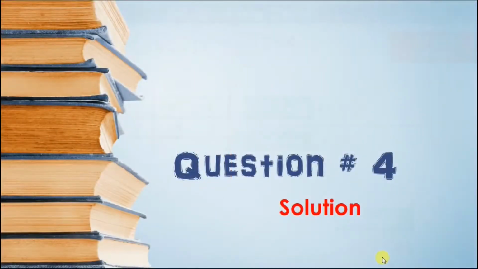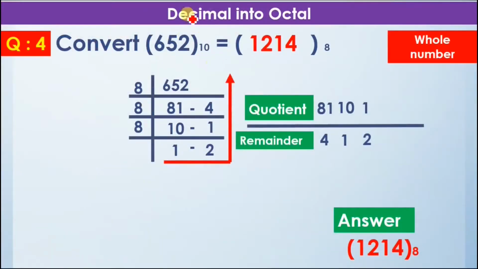Next we have question number 4, and in this question we have to convert the decimal number into an octal number, right? So we are given the number 652 in decimal, and we have to convert it into an octal number. As we have to convert it into octal, we will divide the number by 8. So quotient is equal to 81, remainder is equal to 4.